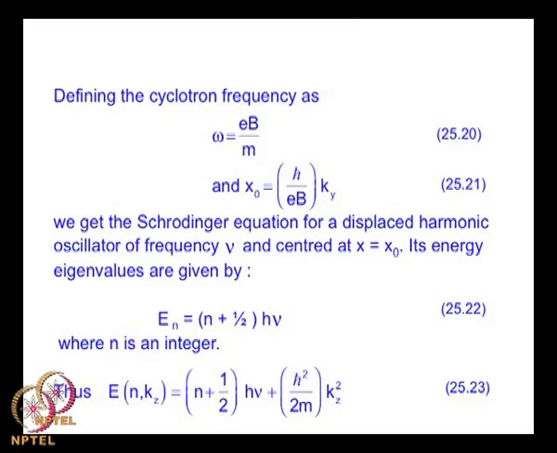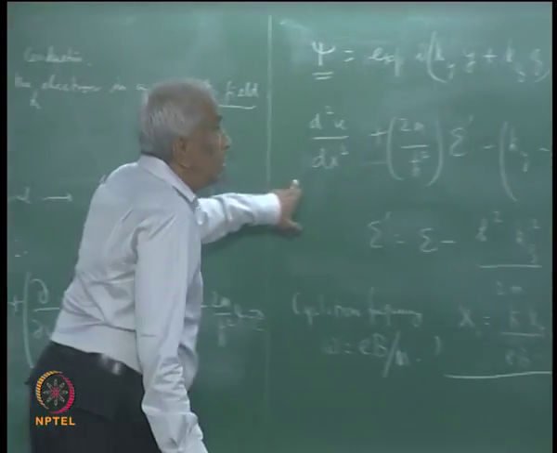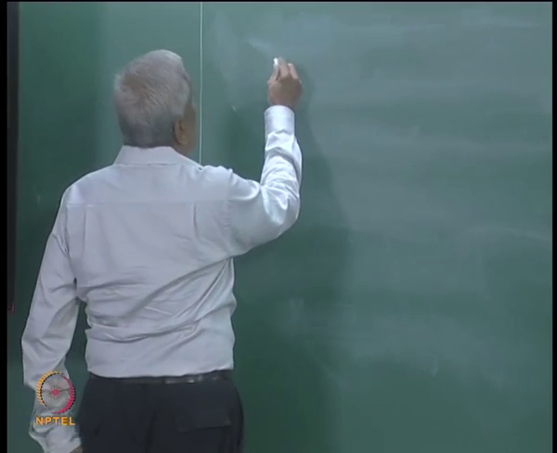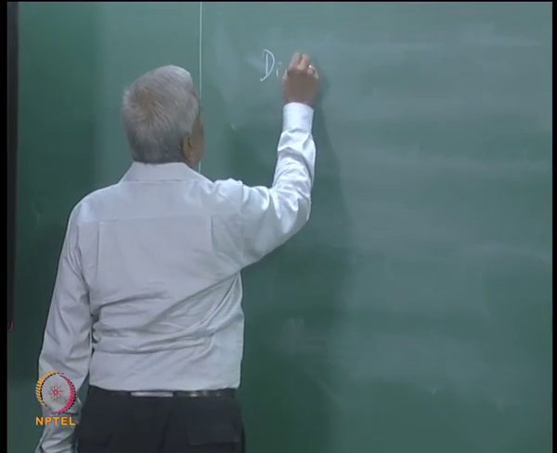With these two substitutions, this equation can be simplified to the following form. The Schrodinger equation turns out to be identical to that of a displaced harmonic oscillator.